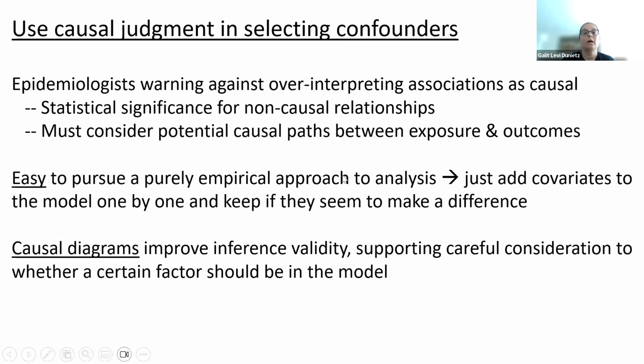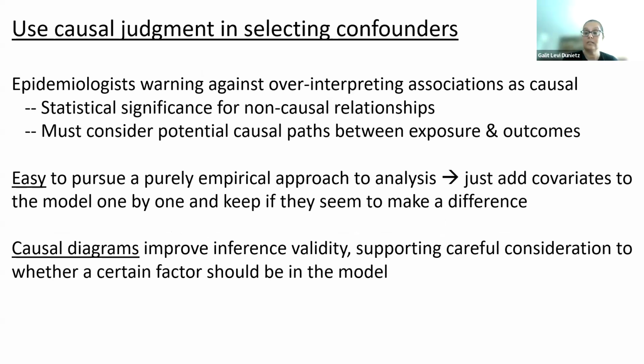As epidemiologists, we are very concerned about statistical significance in the lack of causal relationship. So what does it mean? It means that when you're studying a relationship between two variables, exposure and an outcome, you can fit many, many variables into a statistical model or a regression model as long as you have enough power.